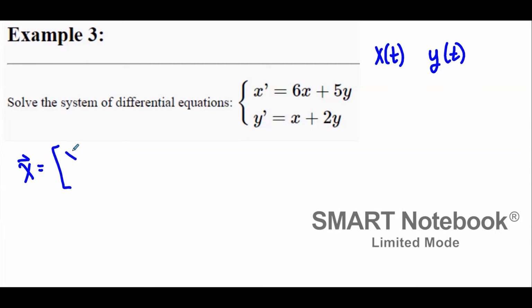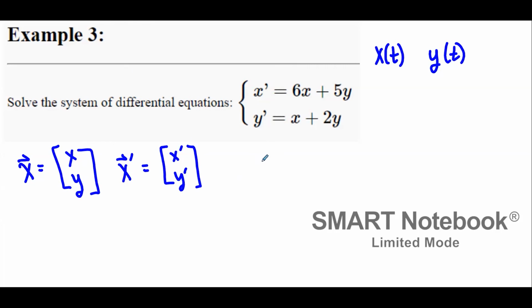And that's going to be the functions x and y. Whoops, I messed up my y there. So that means x prime is going to be the vector that has function x prime and function y prime.